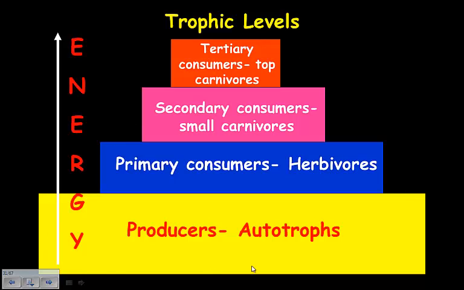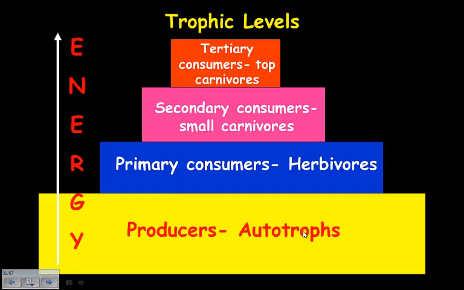It's like a pyramid because there's lots and lots. So this is showing not only the amount of organisms, you can see those decrease as you move up, but it's also going to show the energy transfer. So lots of producers, lots and lots of plants. There needs to be.